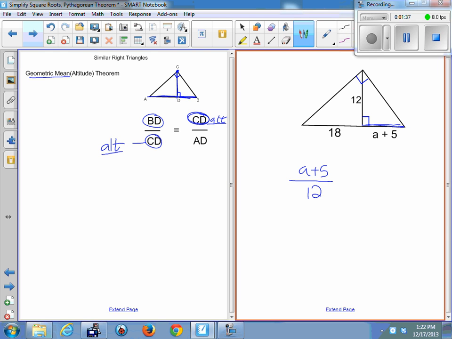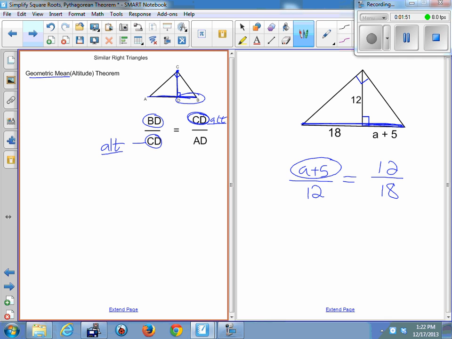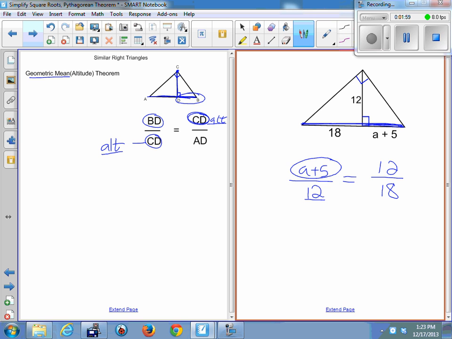So this is over 12 equals 12 over, and in this case 18, which is the other segment of this base. So the first one is part of the segment. That's BD here. A plus 5 is the BD there. Part of that segment that the altitude cuts is to the altitude, as the altitude is to the other part of that segment that it cuts in half.